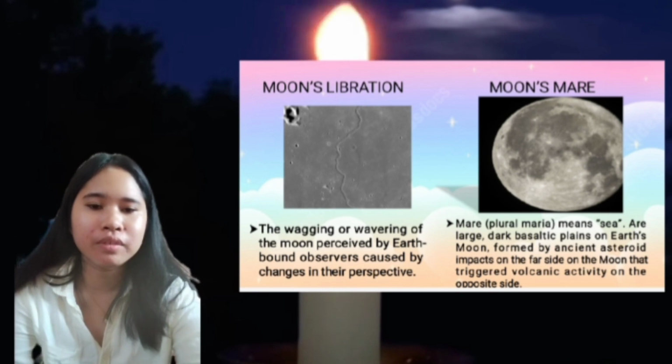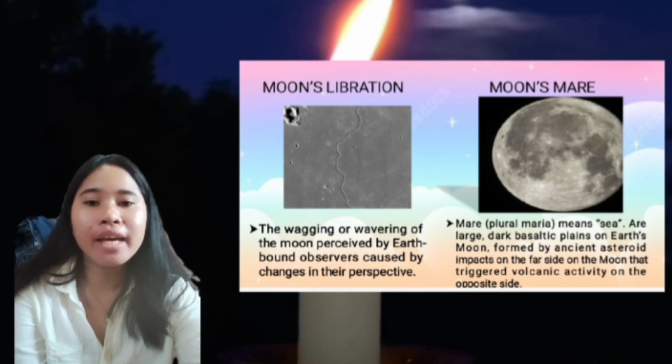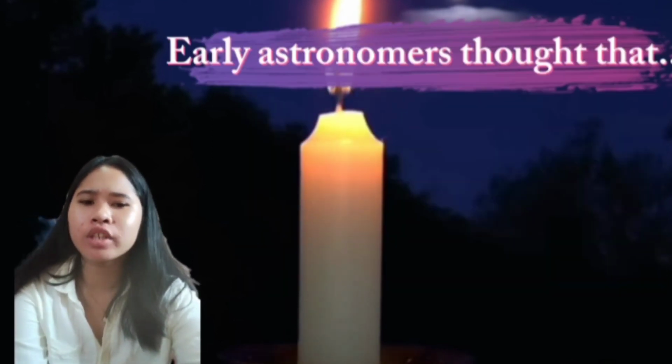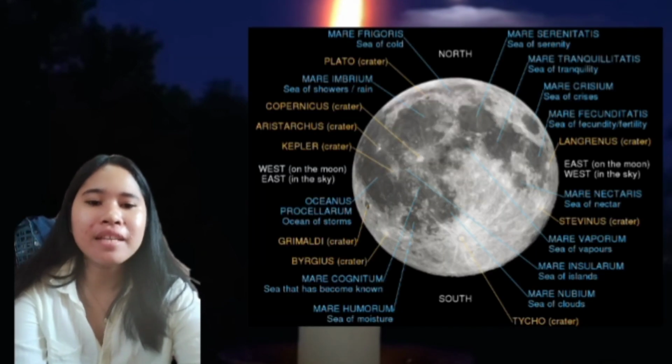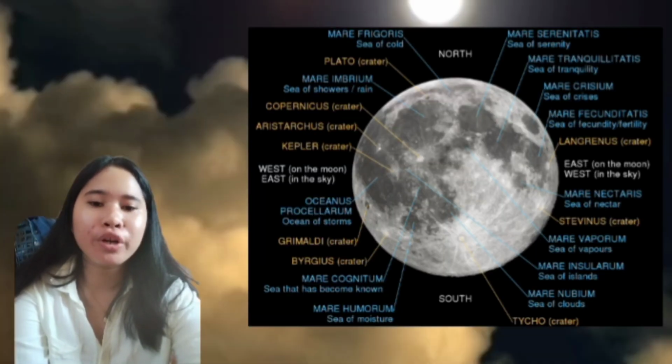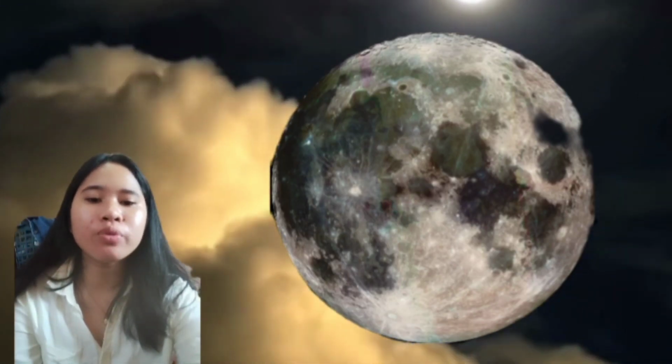They are called maria because very early astronomers thought that these areas on the moon were great seas. These dark regions showed rock that formed quickly after the heat of impact. So literally, the moon's maria are the dark-shaped areas of our moon.